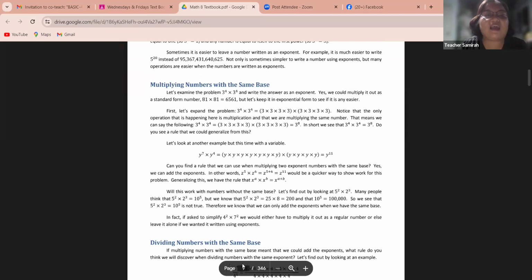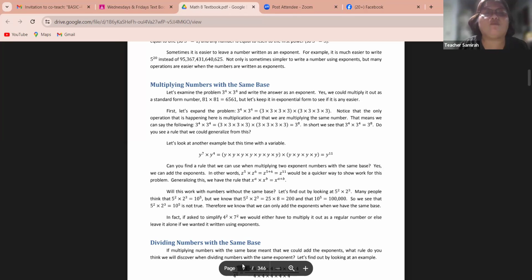So multiplying numbers with the same base, that is what we discussed earlier. We are simply going to consider the bases. If you have seen that the bases are the same, then, because it is a multiplication, we are simply going to add the exponents.